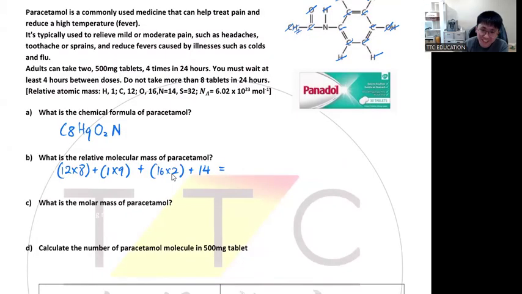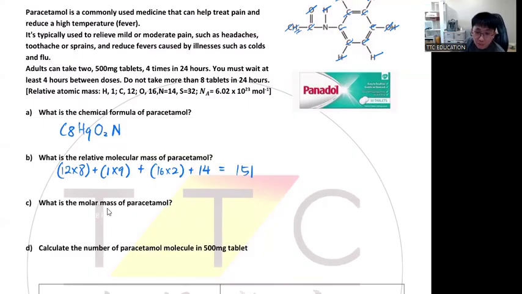Wow, cannot bring, guys. Okay lah, guys. Let's make good use of the technology lah. Okay. So what you got? What you got for this? 151. Thank you. Okay, 151.